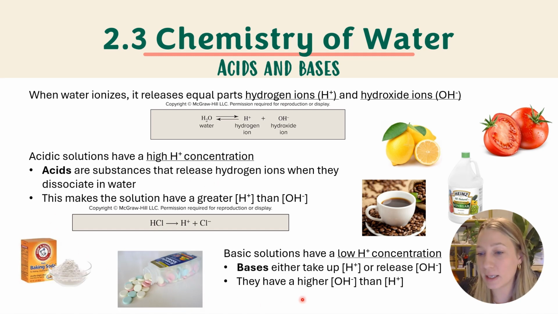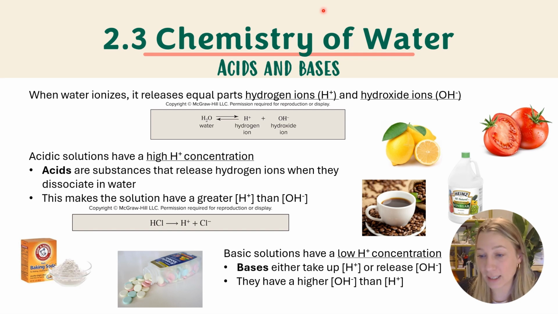The opposite is basic solutions. So basic solutions have a low hydrogen ion concentration, or essentially they have more hydroxide ions than hydrogen ions. So bases are slippery to the touch generally, and they have a bitter taste. Examples of bases include baking soda and ammonia. Acids and bases are both essential for biological processes.